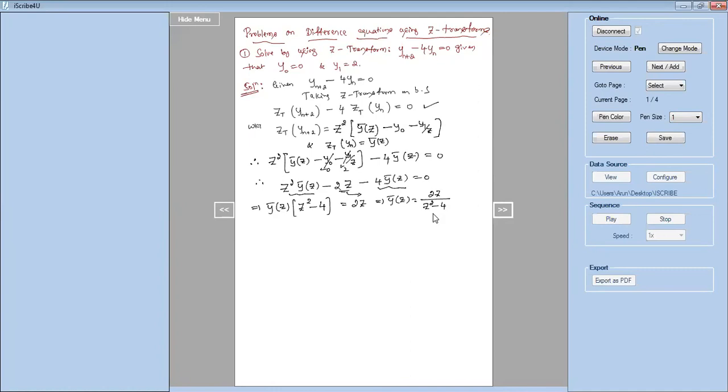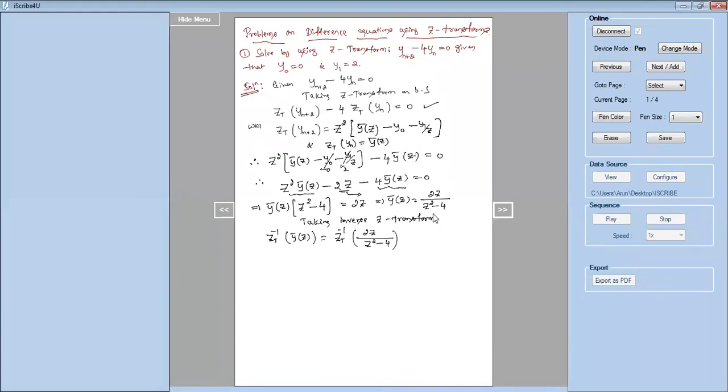And further, I'll take inverse Z transform on both sides. So inverse Z transform of y bar of z is equal to the right hand side, inverse Z transform of 2z by z square minus 4.